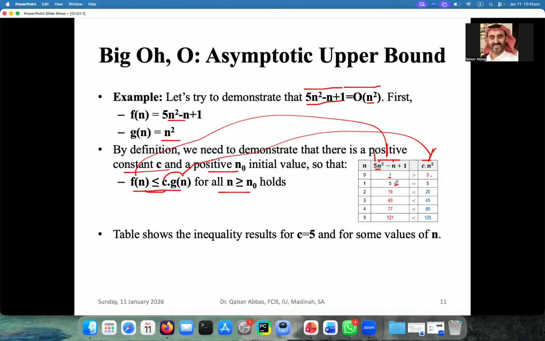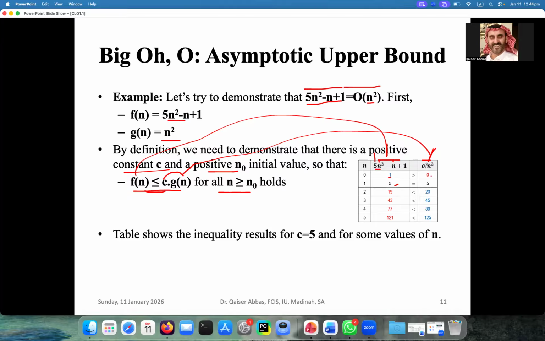And 5 is greater than 0, still greater. I want to make it less, so take 1 or 2 attempts and change the value of c. If I make it 1, then I will have 1 here, and 5 is greater than 1 again. I don't want greater, I want less or equal.